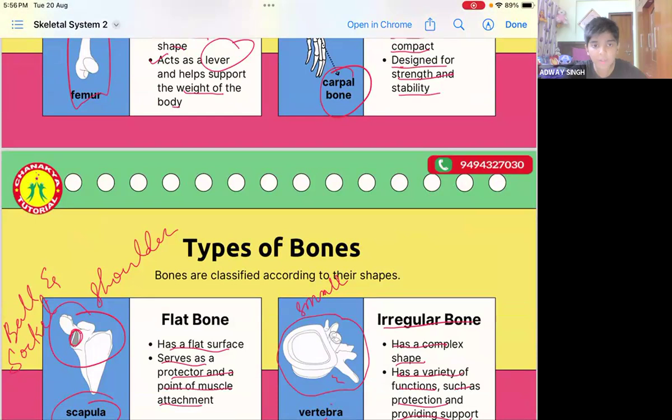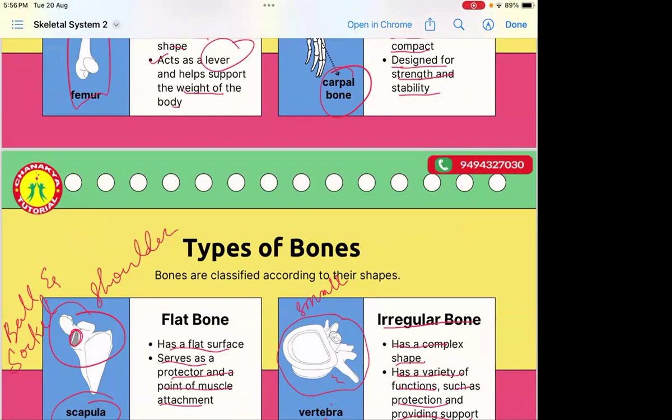Ma'am, I also have an exam tomorrow. Which exam do you have? Ma'am, French. Okay. Fine. So page numbers 4, 7, 8, you can do. But share the notes with me so that I can go through. Okay?